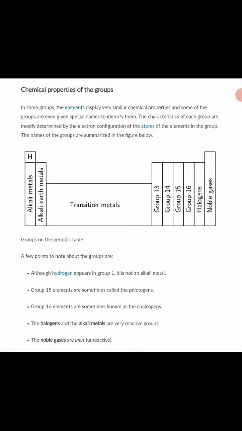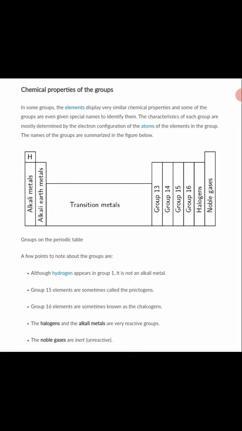Then the non-metal in hydrides, metallic hydrides: sodium hydride, NaH, magnesium hydride, MgH2, aluminum hydride, AlH3. In these instances, hydrogen behaves as a non-metal. So although it appears in group 1, it is not an alkali metal. An alkali metal starts from lithium, sodium, potassium.